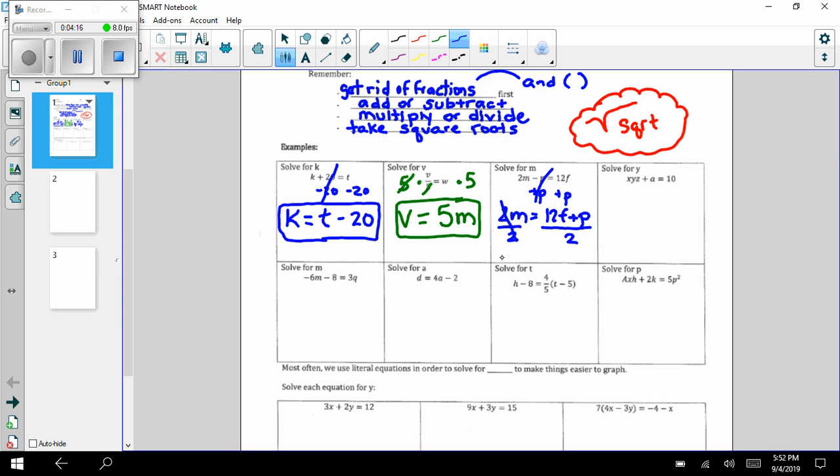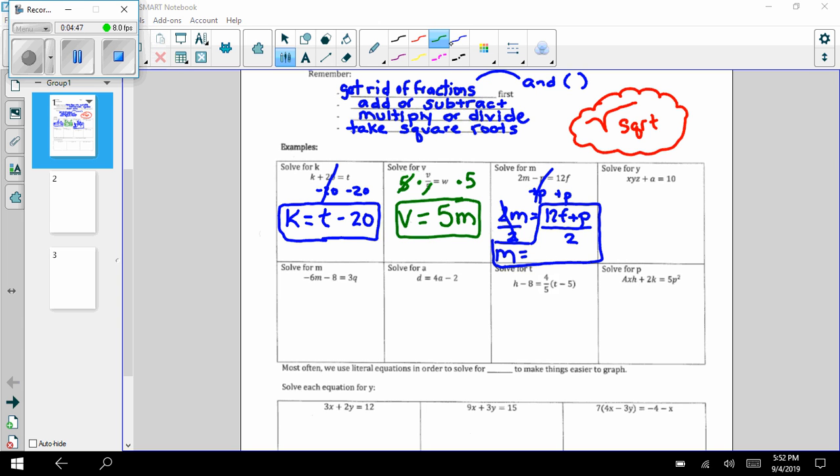On the left side, I'm left with m all by itself equals, I'm just going to be lazy and circle my answer since I ran out of room. I cannot simplify any further because 12f and p aren't alike, and I can't divide 12f by 2 or p by 2. So I'm done.